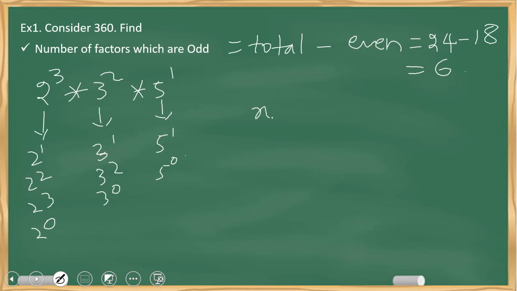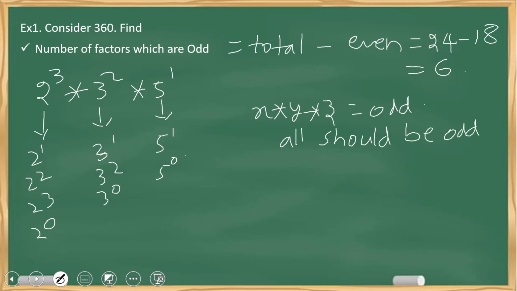Again, if x into y into z should be an odd number, then all should be odd. All the 3 numbers in the product should be odd. Just take some odd numbers and multiply, then you will understand that. There should be no even numbers to get the product as odd.